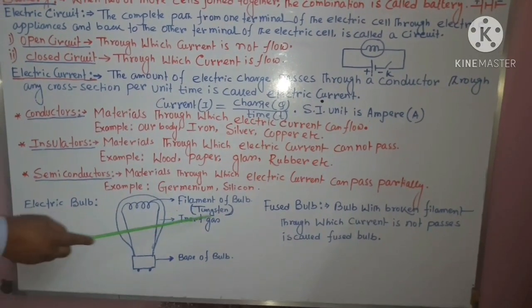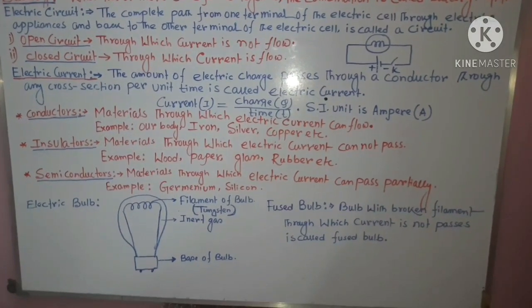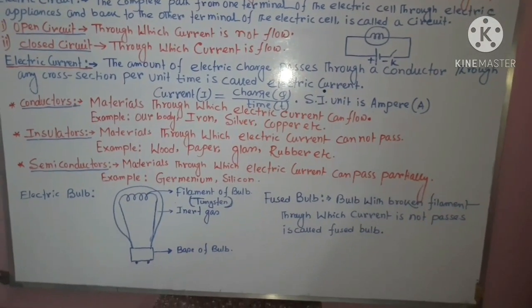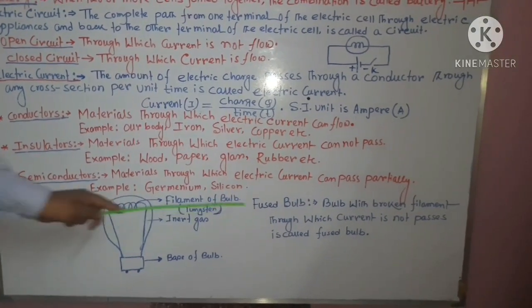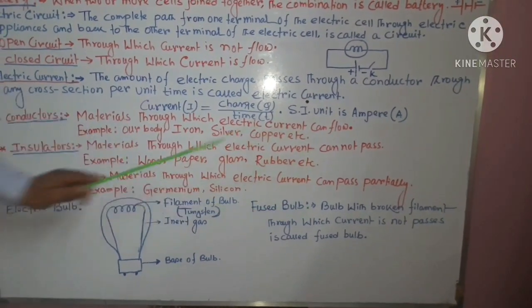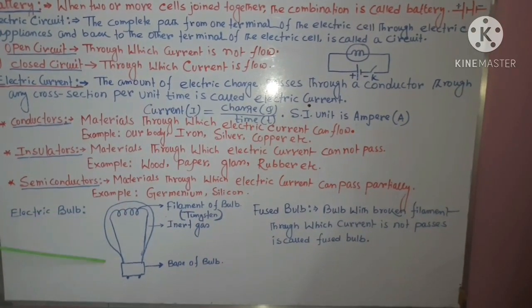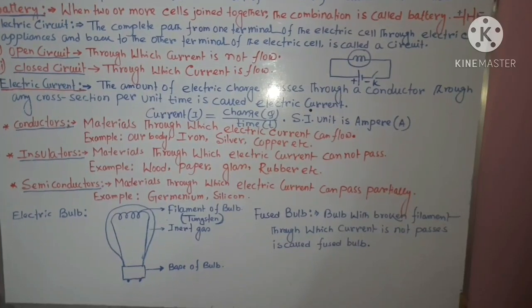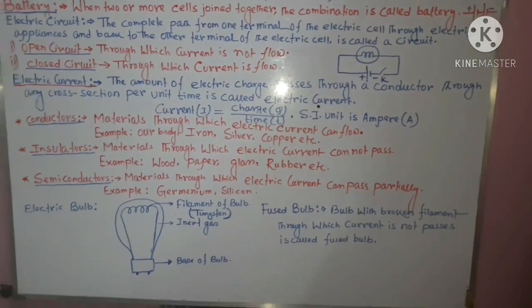That's why we take the inert gas, so that there will be no chemical reaction between the heated filament and the inert gas. And lastly student, the fused bulb. An electric bulb with a broken filament through which electric current cannot pass is known as a fused bulb.